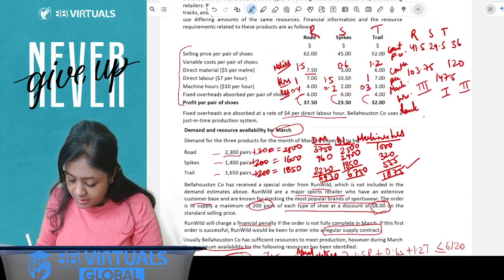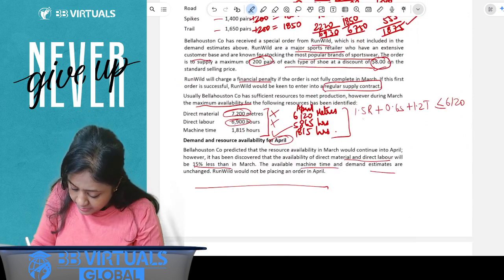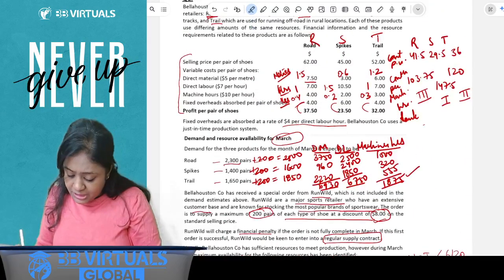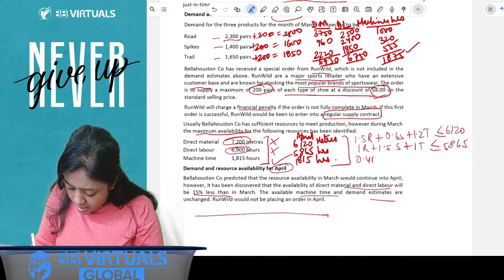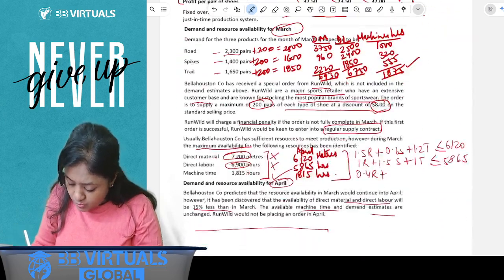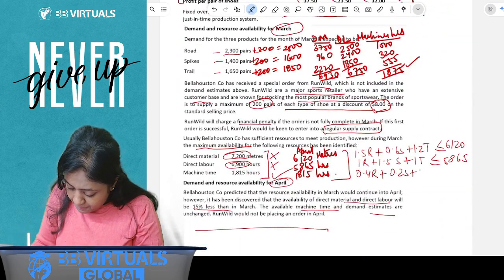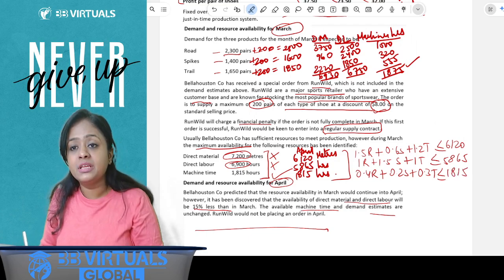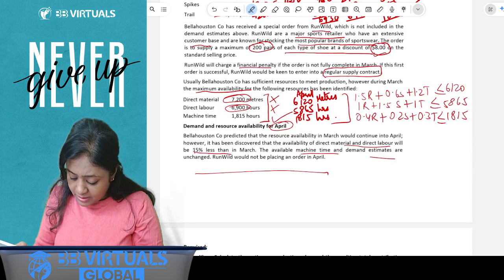Likewise for labor, 1, 1.5 and 1. So that means 1 R plus 1.5 S plus 1 T is less than or equal to 5861. For machine hours, 0.4 R plus 0.2 S plus 0.3 T is less than or equal to 1815. Got it? Now we have other equations also.